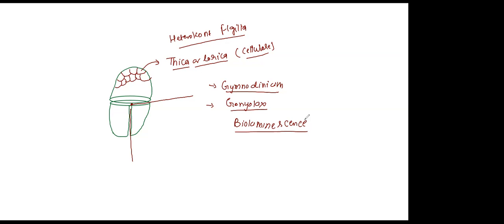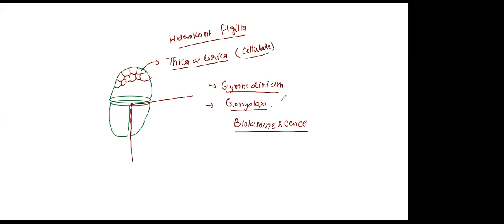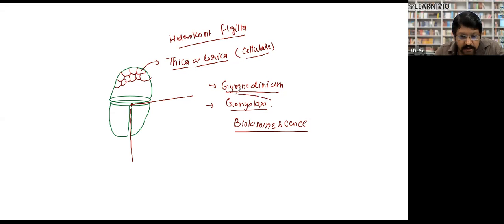Sir, only Gonyaulax emits light? No. There are two, Gonyaulax and one more example. If you want to note it down, you can: Noctiluca. This question has been asked 2 or 3 times. Gymnodinium is not emitting light. Gymnodinium and Gonyaulax are both responsible for red tide.